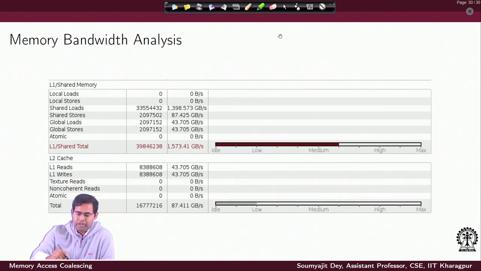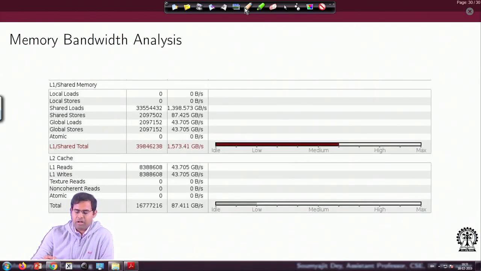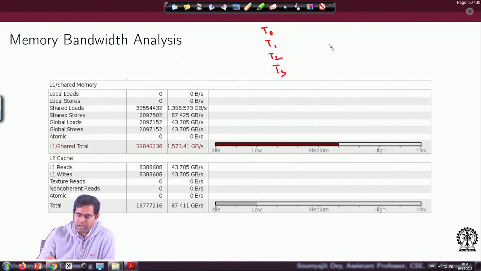For that, let us take an example of some other cases of conflict. Consider some threads, let us say thread ID 0, thread ID 1, thread ID 2, thread ID 3, and let us say this is my set of memory banks B0, B1, B2, B3.